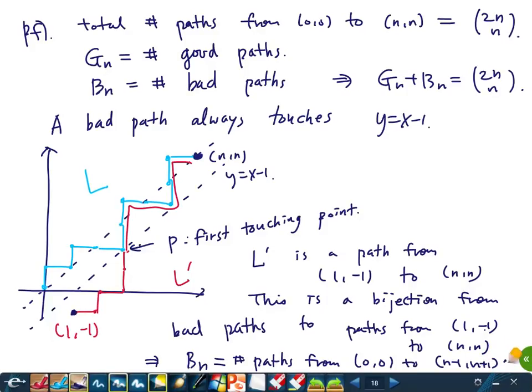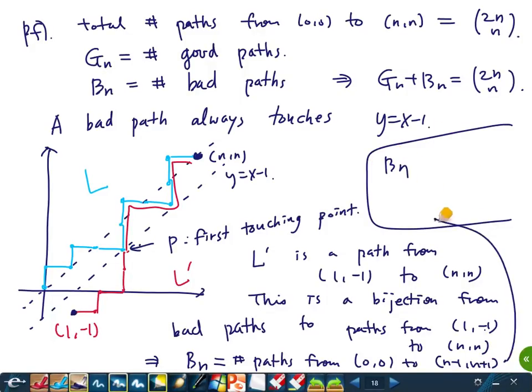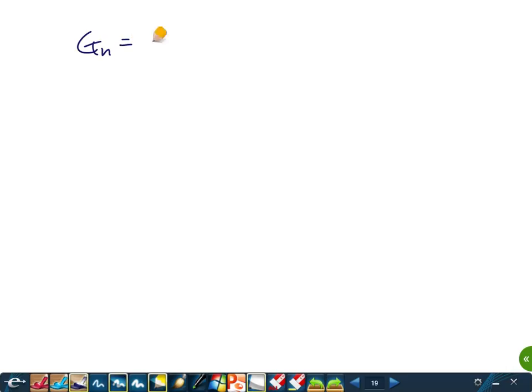So Bn is 2n choose n minus 1. That's basically it. Now Gn is 2n choose n minus 2n choose n minus 1.